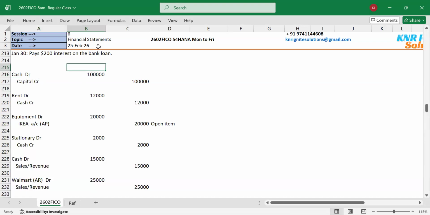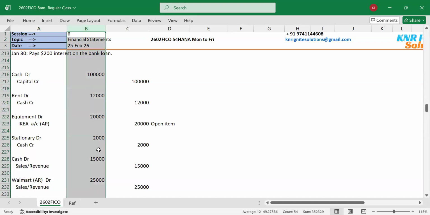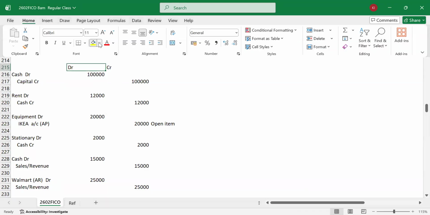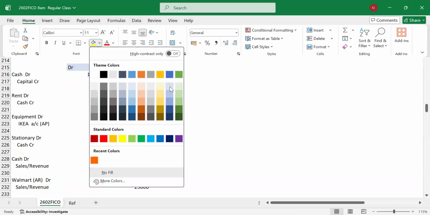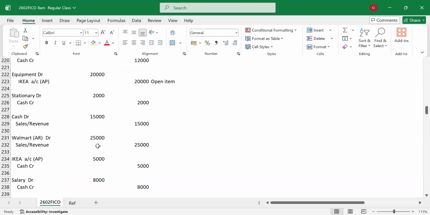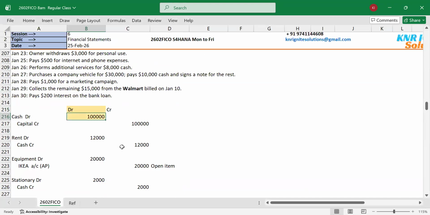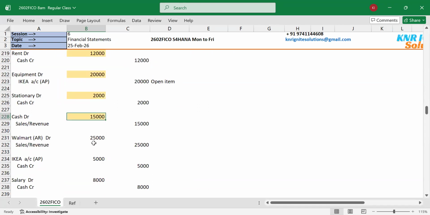Now let's say all this column B that you see is a debit, which you can easily understand. This is a credit line item. Let me put all the debits in one particular color, this entire column. Whether it is cash or any account, that doesn't matter.